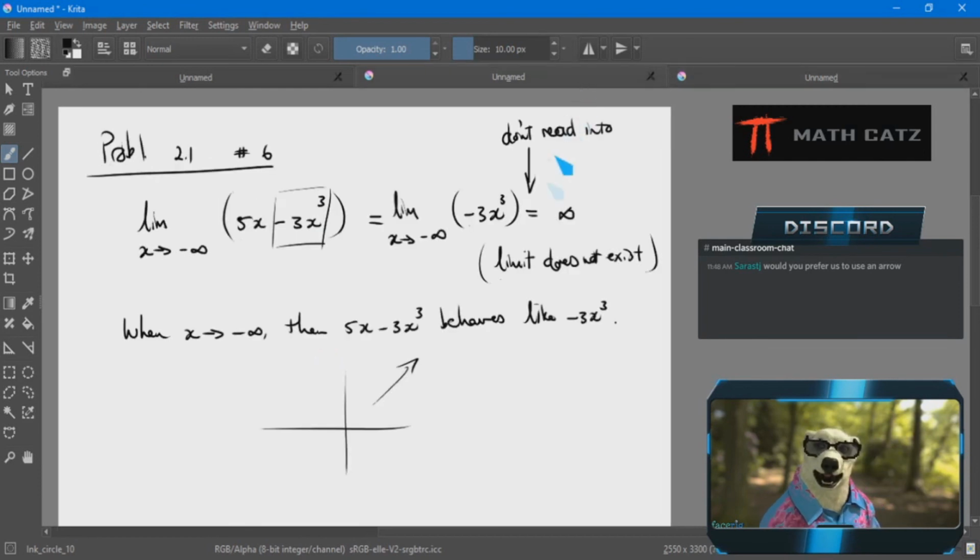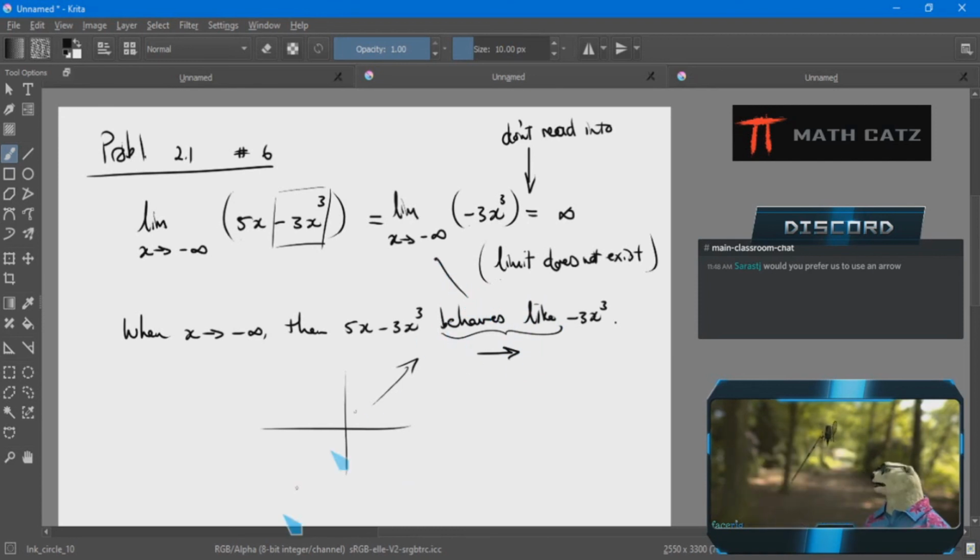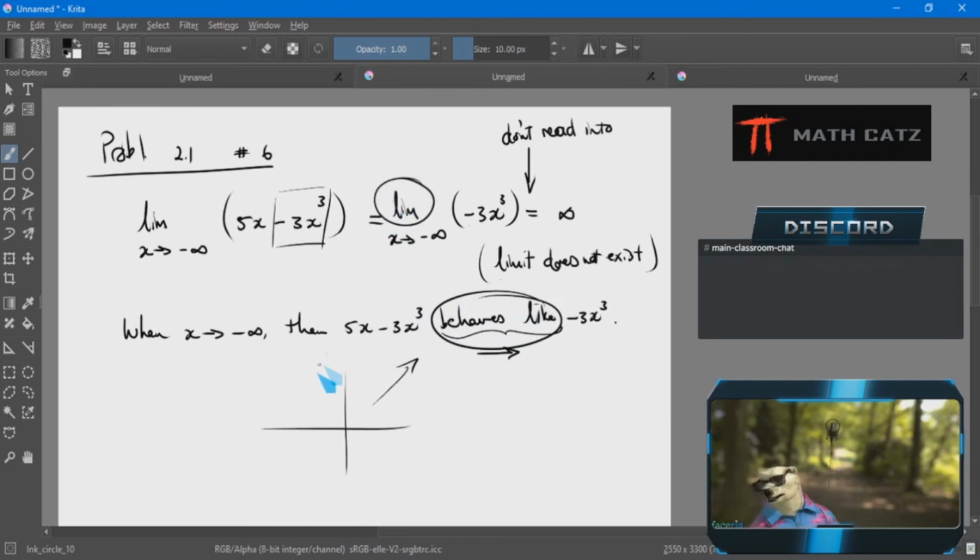So let me just make clear here, backtrack here. In our sentence version, I don't have arrows there either. The behaves like will be mathematically an arrow. These words are now captured in the limit. And this limit means the behavior of whatever.